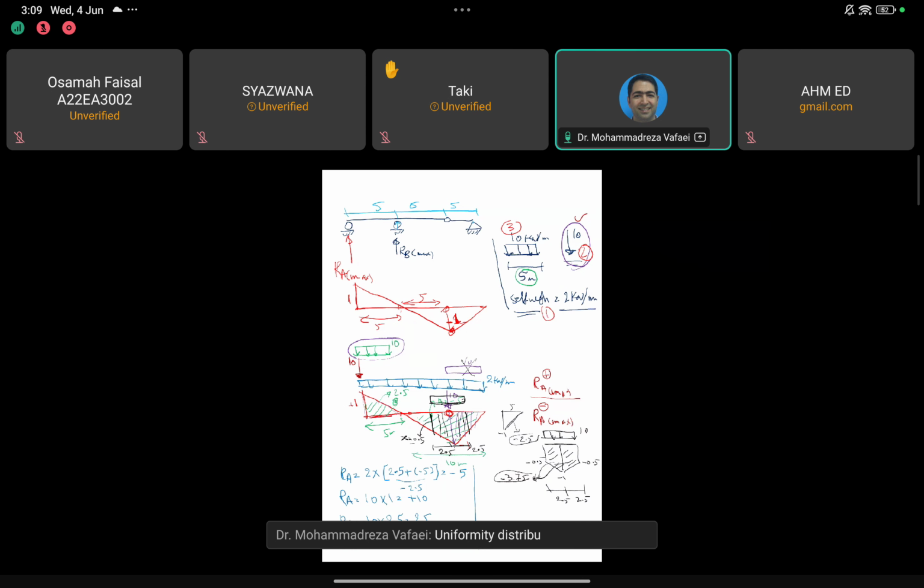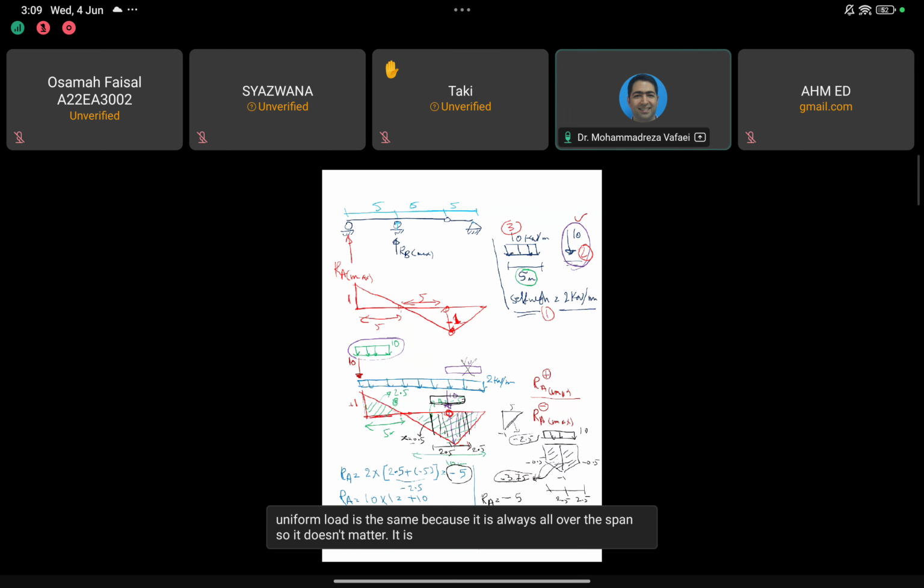If you want to calculate RA negative, the value that comes from the uniform load is the same because it is always all over the span, so it doesn't matter if it is positive or negative, it is always the same value. And then we have another RA, which is the point load, so 10 multiplied by -1, which gives us -10. And RA from the uniformly moving load, this one, is 10 multiplied by -3.75, which is 37.5 negative.